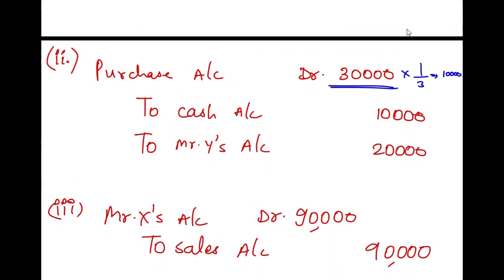So 10,000 has been paid upfront, and that's why we have credited the cash account. And 2/3, equivalent to 20,000, is due to Mr. Y, so I have credited Mr. Y's account because it will be paid in future. That was your second part.